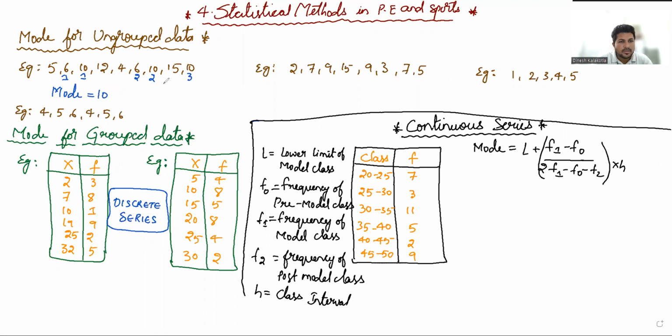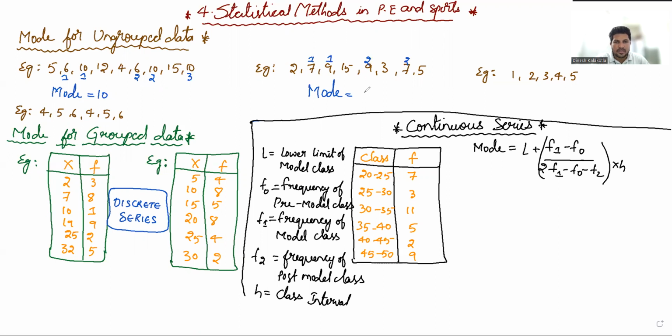That's it. It's very simple, right? Now if you see the second example, 2 is mentioned only once. 7 is mentioned twice, and 9 is also mentioned twice. So what do you write as the mode if you got two numbers with the same number of repetitions, more than once?